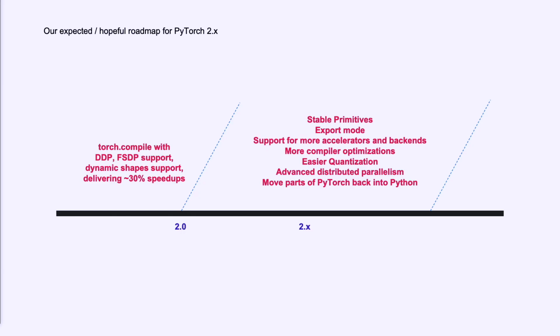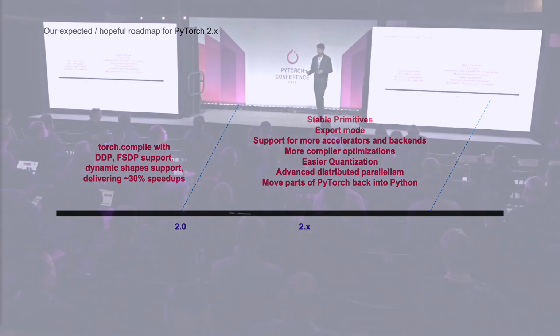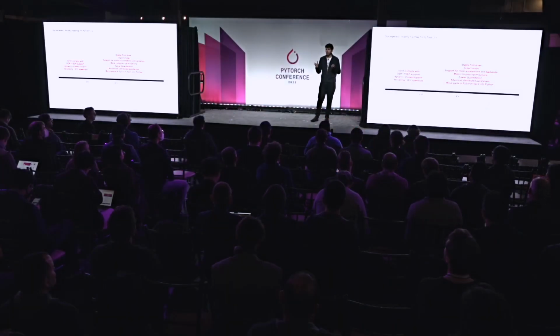In the rest of the 2.x series, we are working on, as I said, the stable primitives that I talked about, export mode, and support for more accelerators and backends. And we know how we can get a lot more speedups than we have today. We have a bunch of ideas around compiler optimizations, and there are a bunch of ideas that we want to do, but we don't have the bandwidth. Now that we built this entire compiler stack in Python, and it's easy to contribute to, even though conceptually it's a compiler and it's hard in general, we would love you to take part.